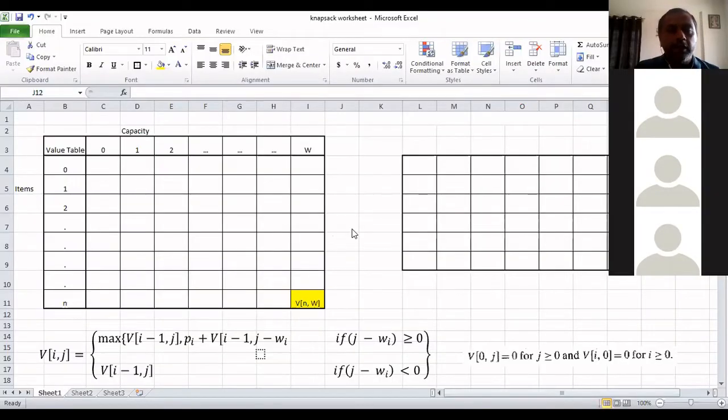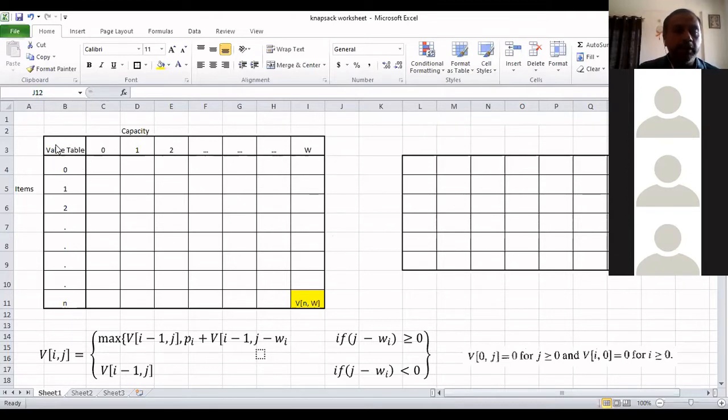Now, can you see this Excel sheet? Yes, sir. As you can see here, knapsack problems are always given with the number of items, the capacity of the knapsack, then the item weights and item prices. So we design a table in this manner.